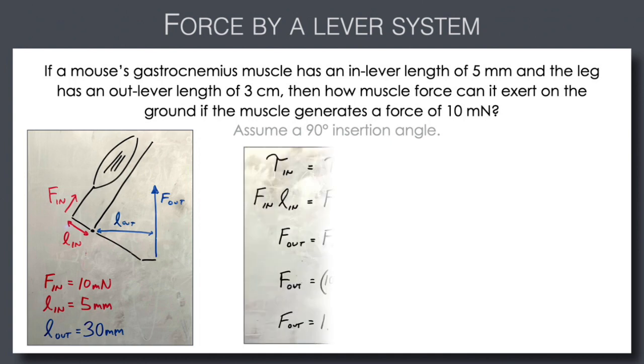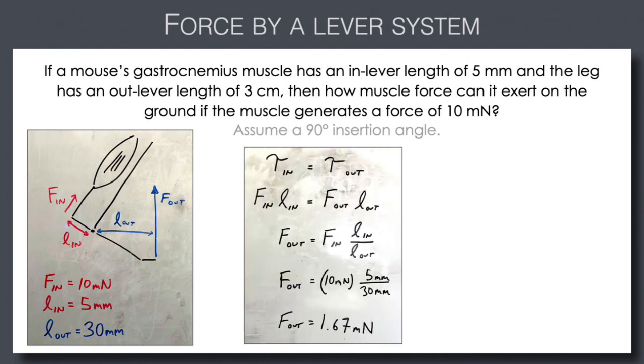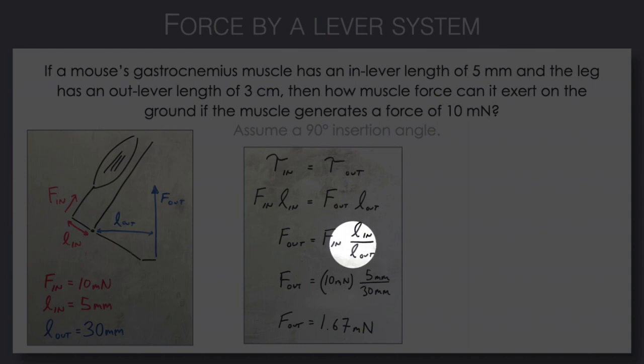I set this up as a balance of torques, but you could just jump to this step here. If you remember that the mechanical advantage is the ratio of the in lever to the out lever, you could plug in the numbers to get that mechanical advantage. Then if you take the input force and apply that, I ended up with this number down here.